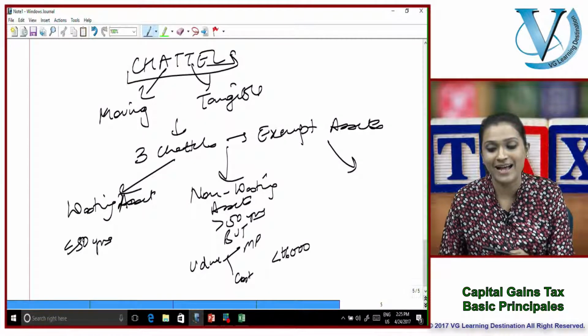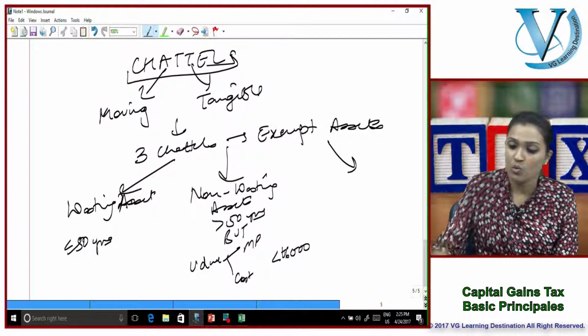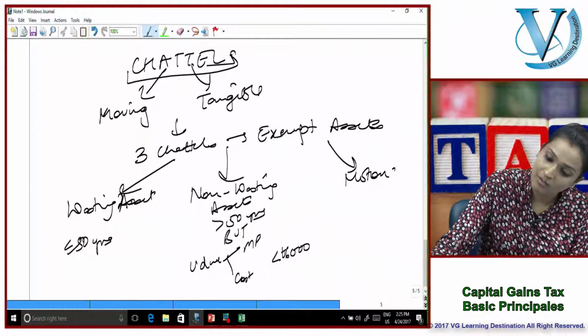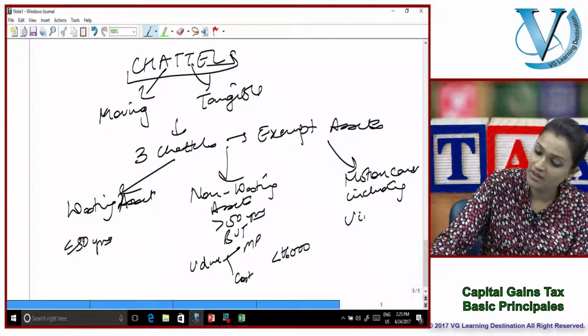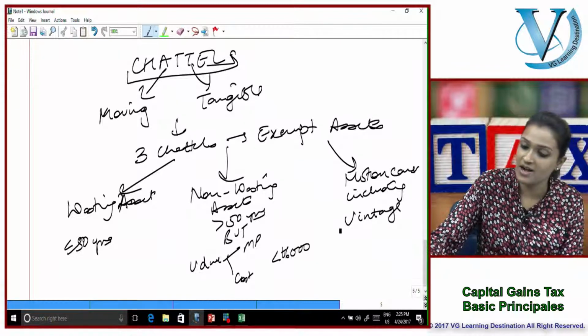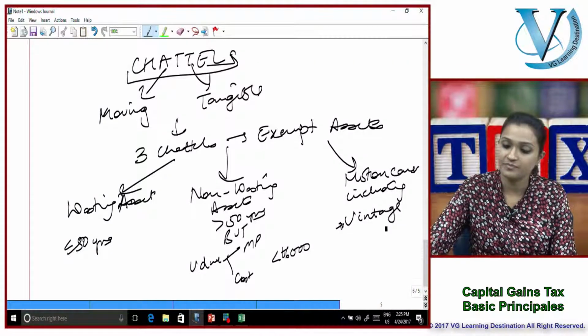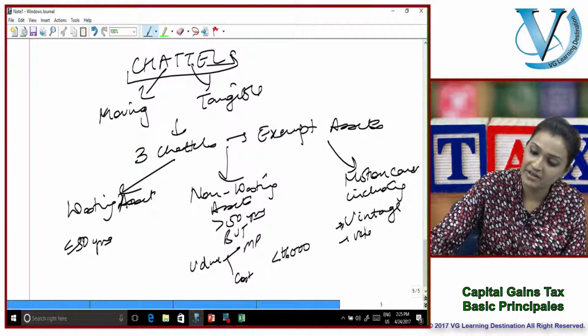The third type of asset, which is an exempt asset, would be motor cars, including vintage cars or any veteran cars.